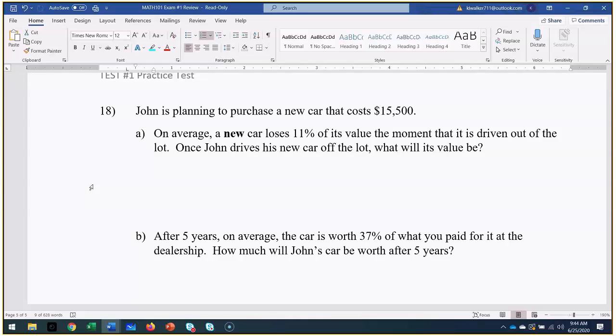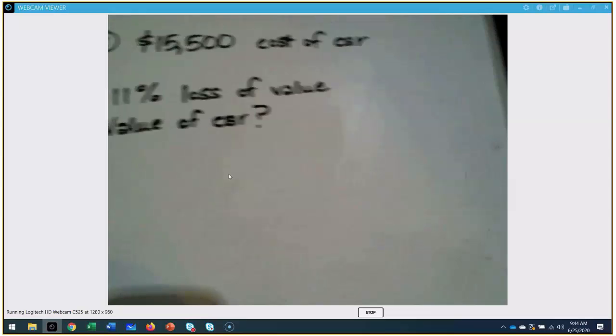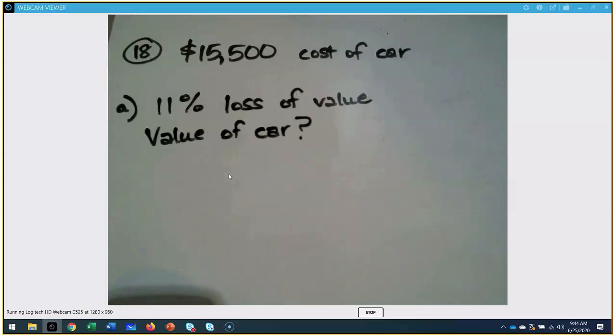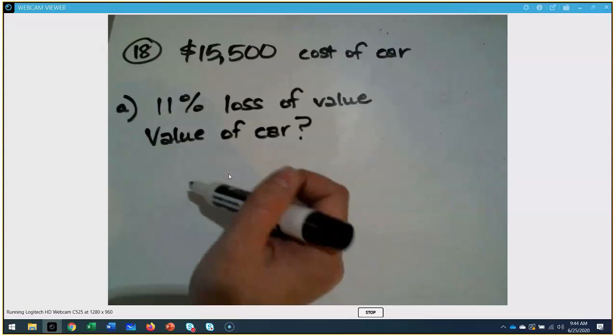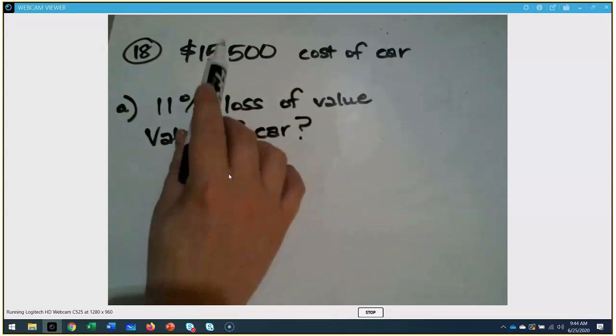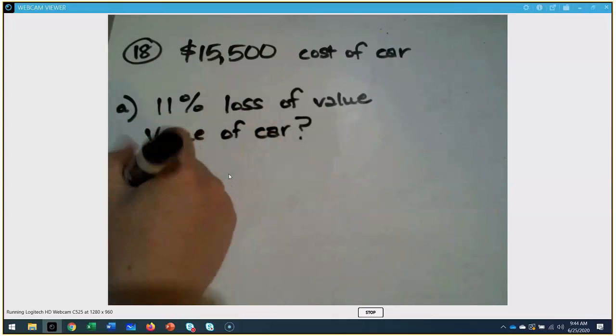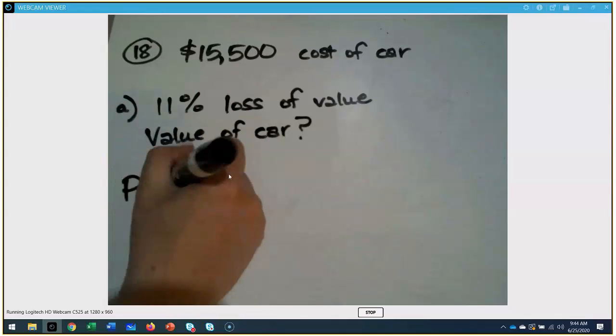So after he does that, what will its value be? I'm just jotting this down. We'll do part B in a minute. Here is the information we need for part A. Just like we've been doing, I see an amount, I see a percent, so I'm going to work with the percent proportion on this too.